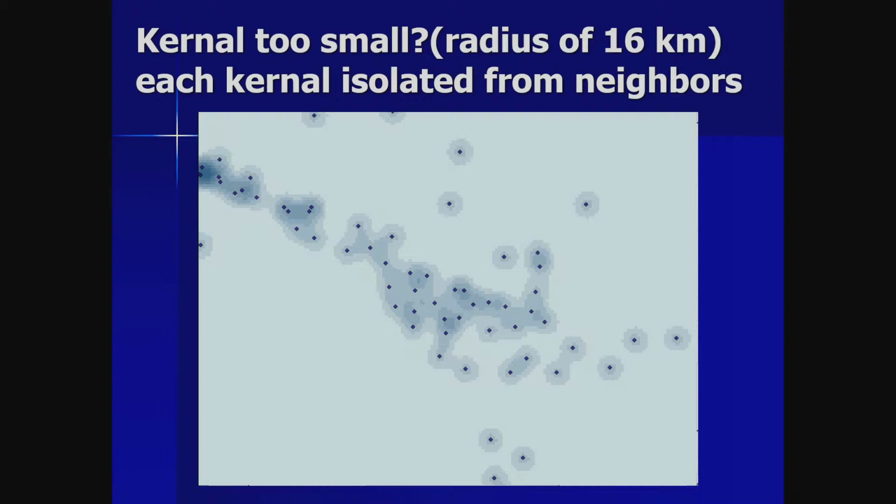Is the kernel too small? Typically, if you're only capturing 1 or 2 points in your kernel size, it doesn't do a whole lot of good because your map still isn't doing what the intended purpose is. What's the whole purpose of this? It's to create a surface where you can examine the pattern that you couldn't see before.